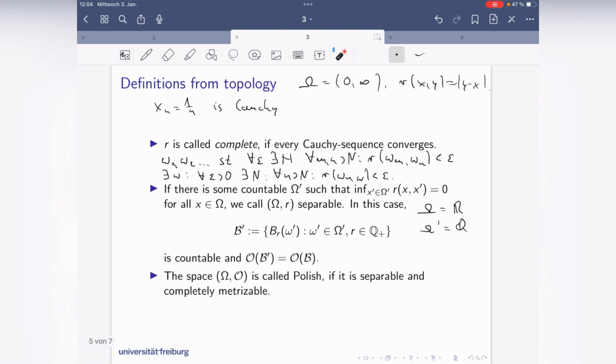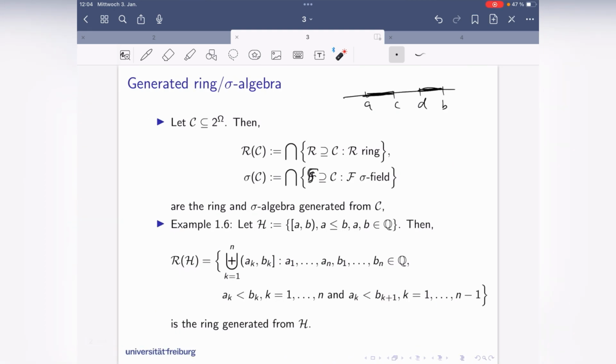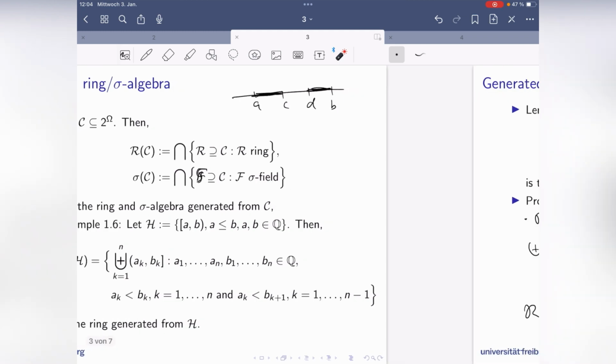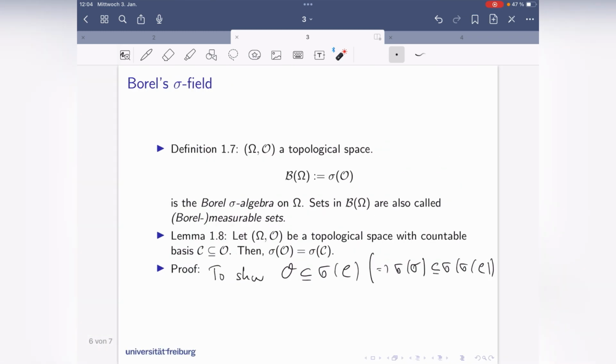That's clear from the definition, because I have a big intersection here, and if this set is bigger, the intersection is just over a smaller set of sigma fields that I can have. So that holds.